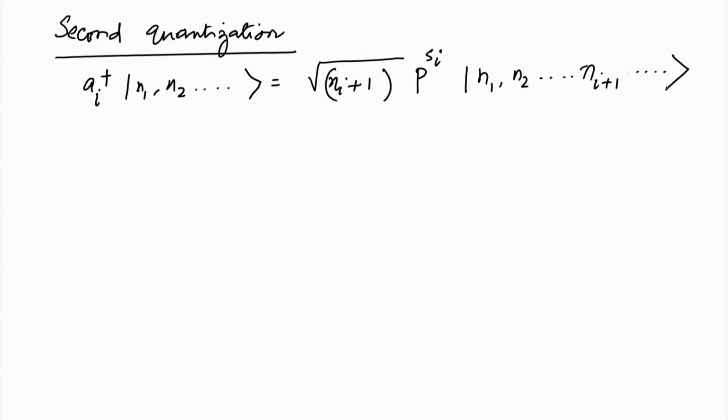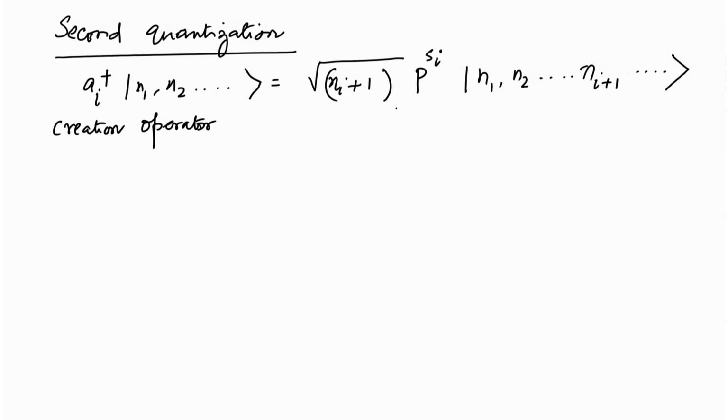So what it does is that A_i, which is a creation operator. So, this is the definition of operation of a creation operator. The creation operator acts on the ith particle, and raises the occupancy of the ith particle from n_i to n_i plus 1, brings in a coefficient which is root over n_i plus 1.